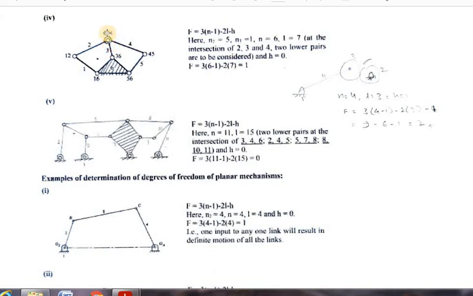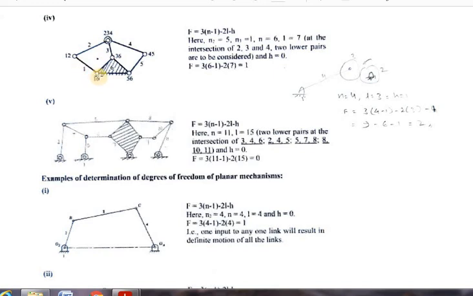So totally now we have 4 lower pairs: 1, 2, 3, 4. Here it connects link number 4 and 5, so this is lower pair number 5. Here it connects 5 and 6, so this is lower pair number 6. And here it connects 3 and 6, so lower pair number 7. So totally we have 7 lower pairs.